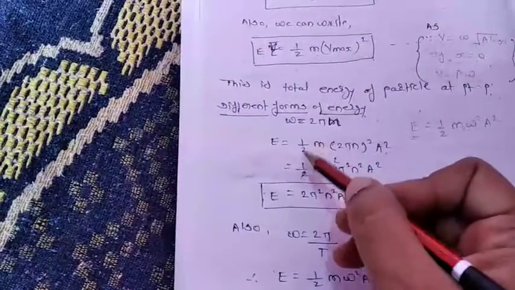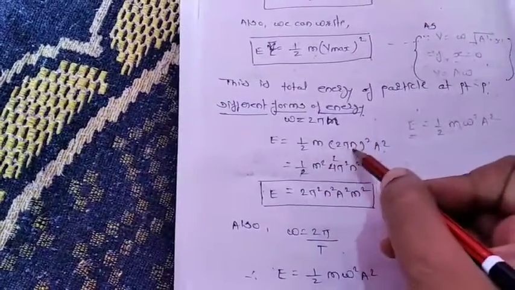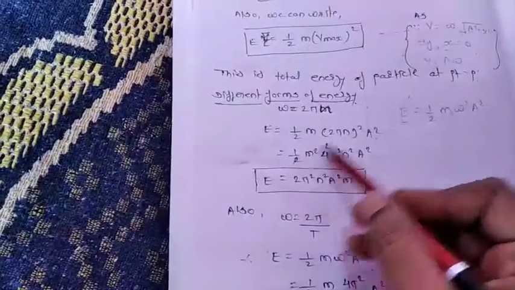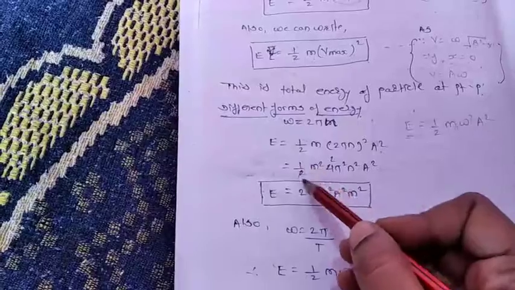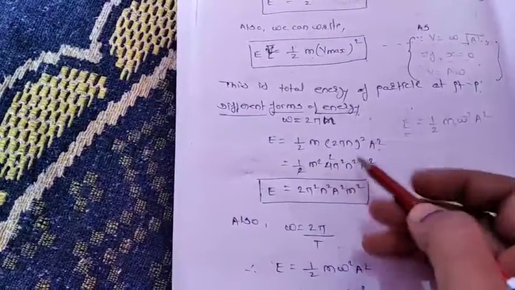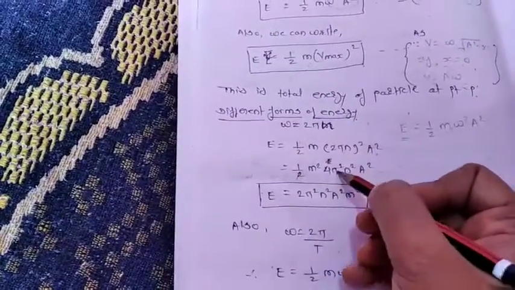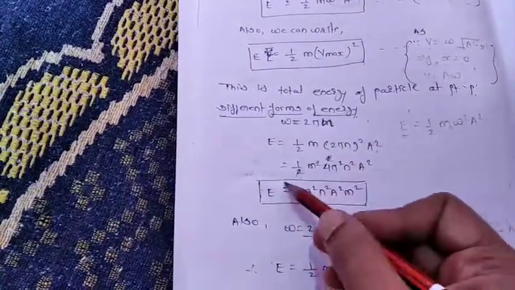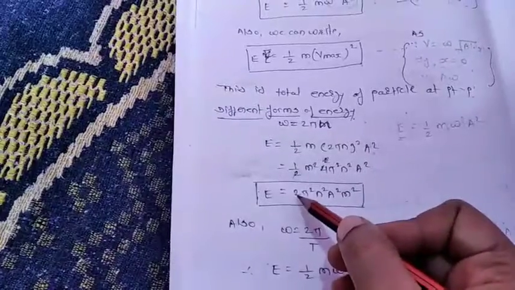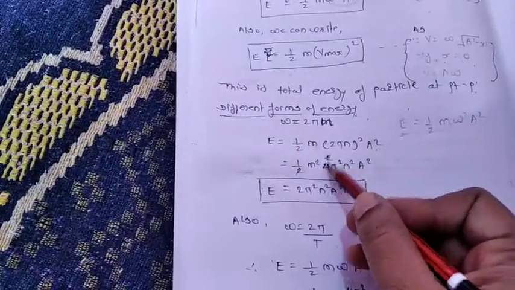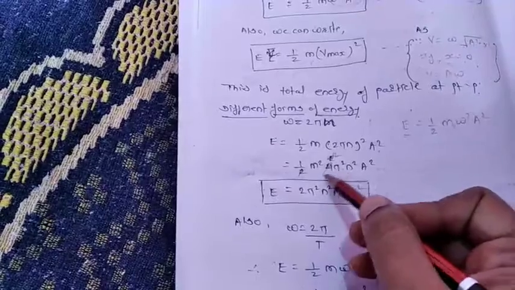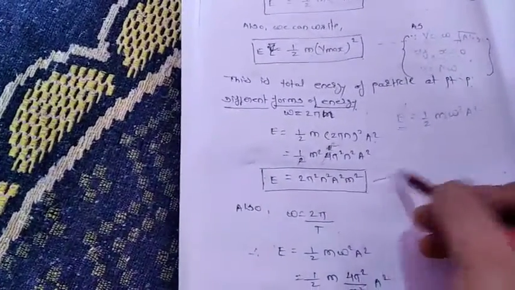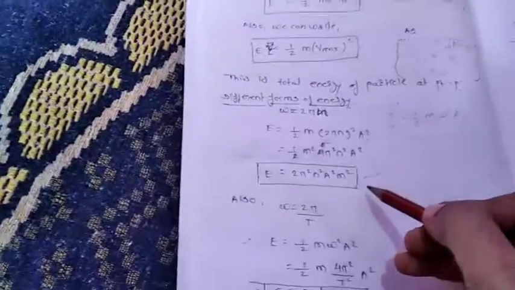So it becomes 1/2 m (2 pi n) whole square into a square. Simplifying this, we have 1/2 m into 4 pi square n square a square, and by simplifying this, 1/2 into 4 becomes 2. So 2 pi square n square a square m. This is one formula for the total energy.